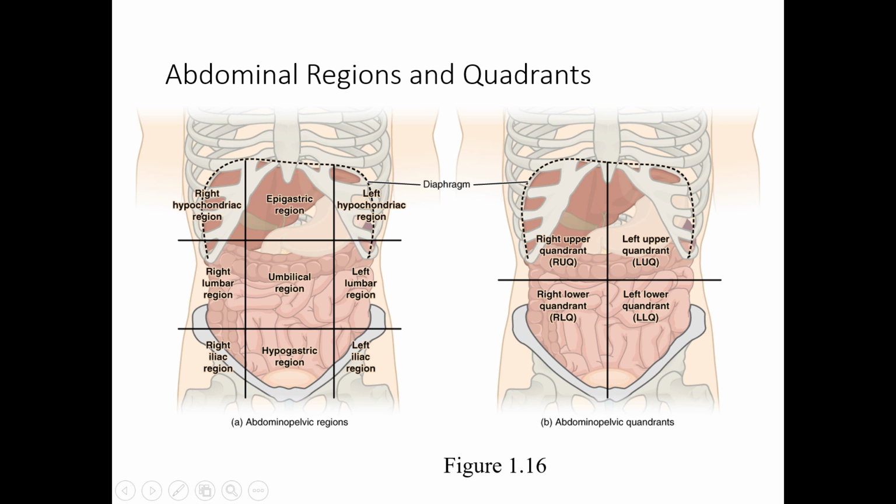Hypogastric region, here would be small intestine, also bladder and reproductive organs, and left iliac region, mostly small and large intestine. So you need to know those names. You need to be able to label them in the picture when you have your exam, and you need to know at least one example of what organ is located in each region or each quadrant.